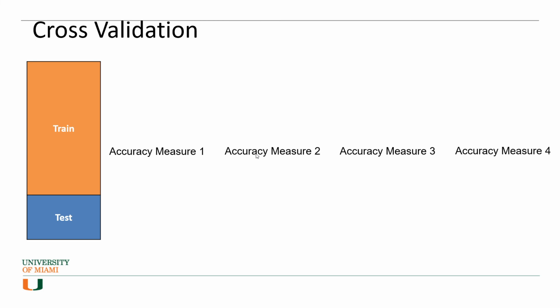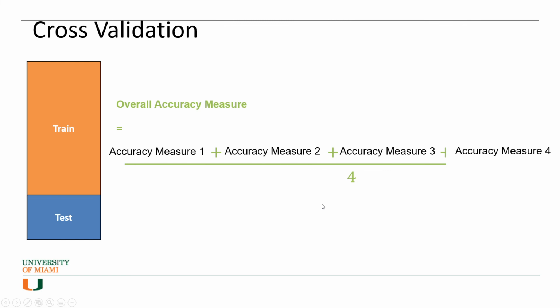In this case, I'm going to say that it is a 4-fold cross-validation. So I am going to choose 4 different sets of training and testing, and I am going to calculate 4 different accuracy measures, and then I am going to find a way to summarize all of these accuracy measures together. In this case, I take their average, and that would be my overall accuracy measure. So this is how the cross-validation works.